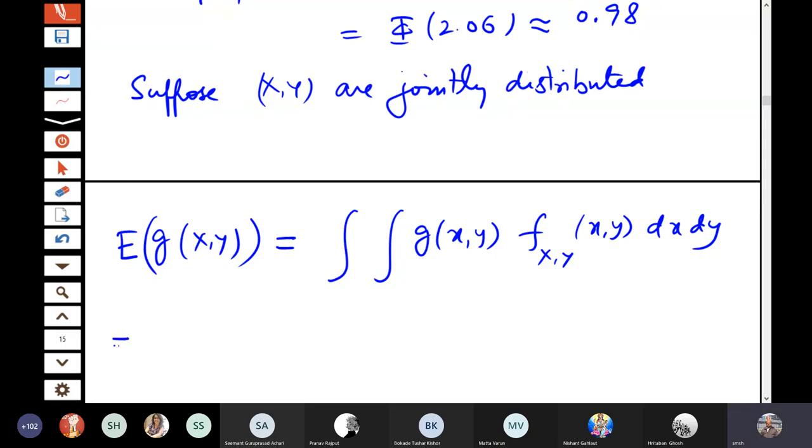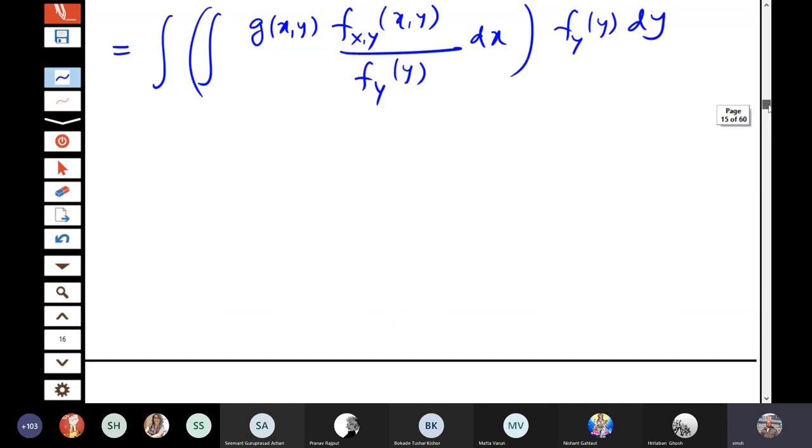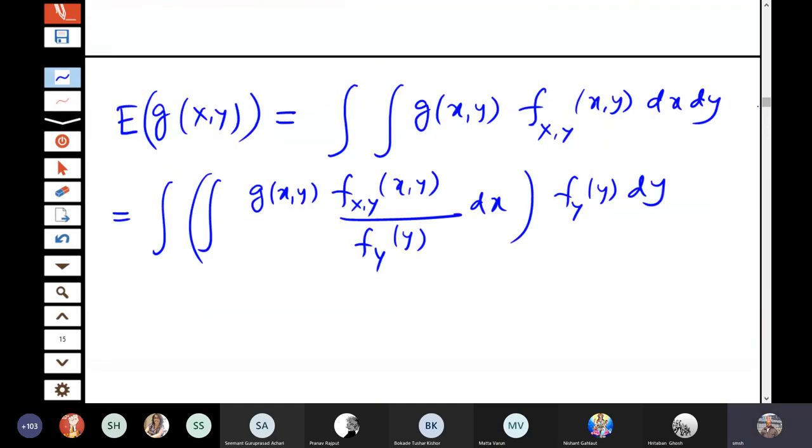We can write it like this: the integral of g(x, y) f(x, y) divided by f_Y(y) dx, into f_Y(y) dy. I have divided by f_Y and multiplied by f_Y. Now this inside quantity, if you see, is nothing but the conditional distribution of x given y.